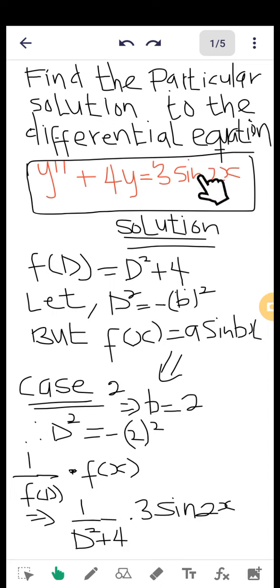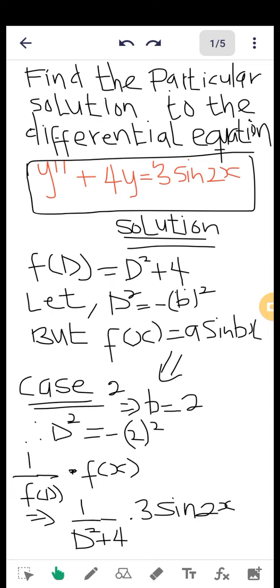But here, when f of x is a sine function, this is the shortcut I am teaching you, without going through all the procedures of finding the trivial solution and differentiating it.